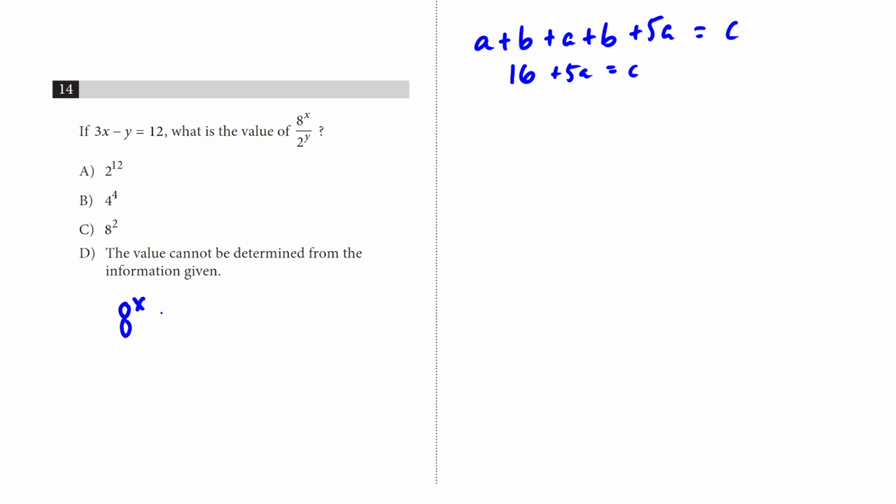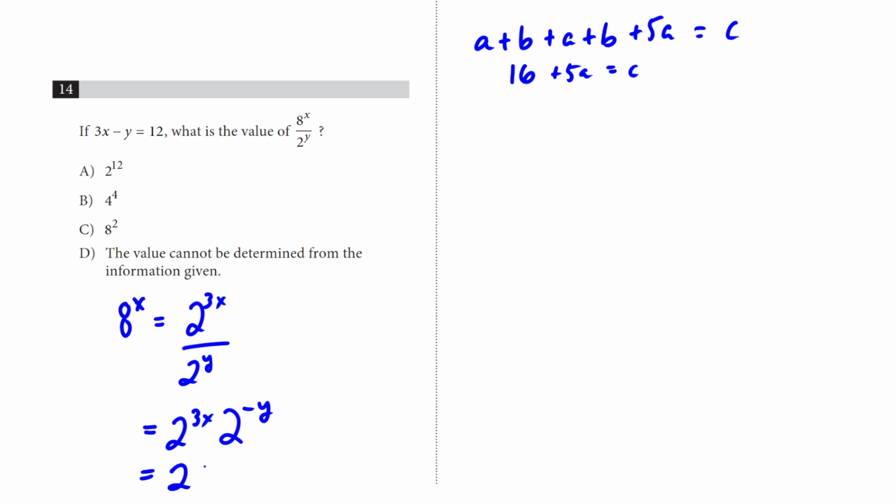So I know that 8 to the x is the same thing as 2 to the 3x divided by 2 to the y. So if I know that 3x minus, well, let's just configure this even more. 2 to the 3x divided by 2 to the y is going to be the same thing as 2 to the 3x times 2 to the negative y.